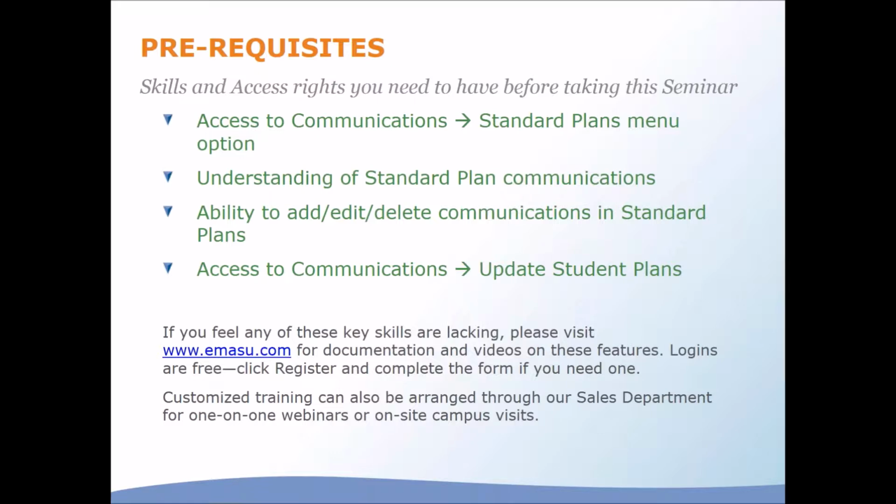So if you're not clear on that, hopefully you will be by the time we finish this discussion. And we'll talk about how you edit and add items to the standard plan. So you should be able to do that. If you don't have those access rights now, then you should ask your administrator for those rights.